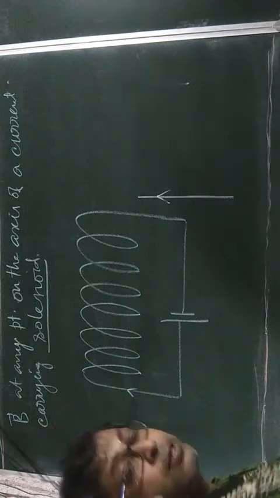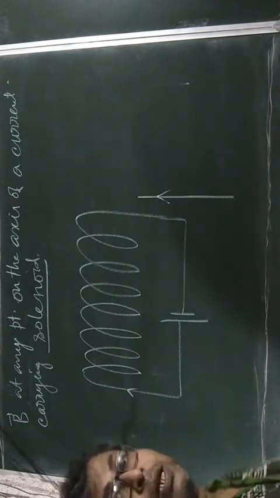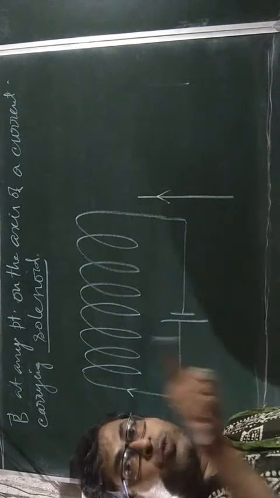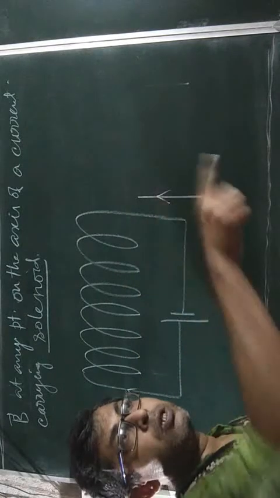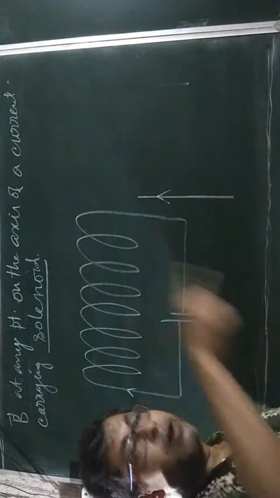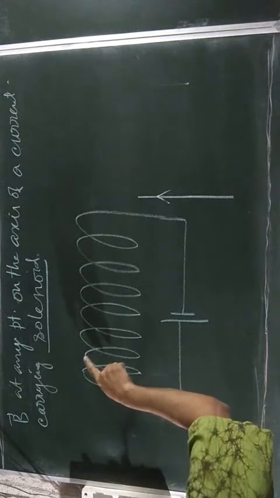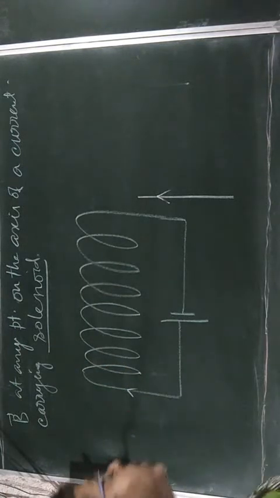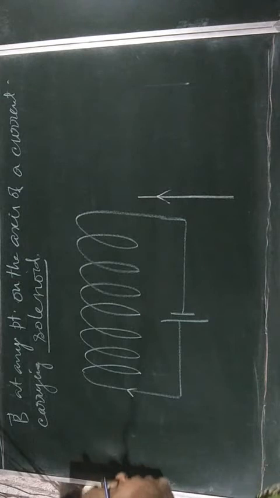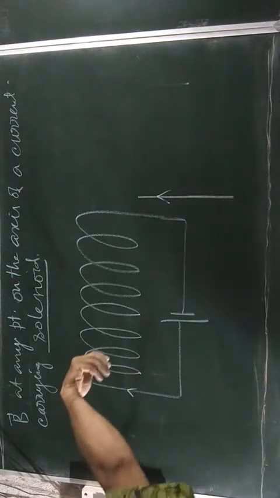Now if we consider the solenoid like this one, in this pattern, and if the current flows this way and that way, then what will be the direction of the magnetic field?